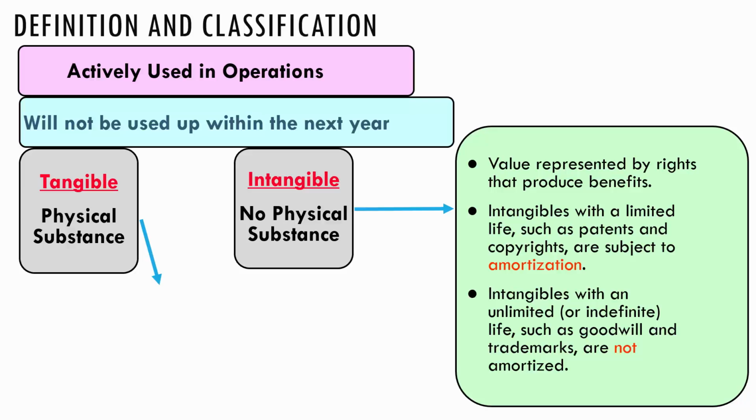Now, if your trademark is something that has an unlimited or indefinite life, then you do not amortize it, because there's no end in sight. It will continue to have value forever. You don't amortize it. So trademarks tend not to be amortized. However, if you know the trademark is no longer going to have value at a certain point in time, and then you can say it has a limited life, you would amortize it.